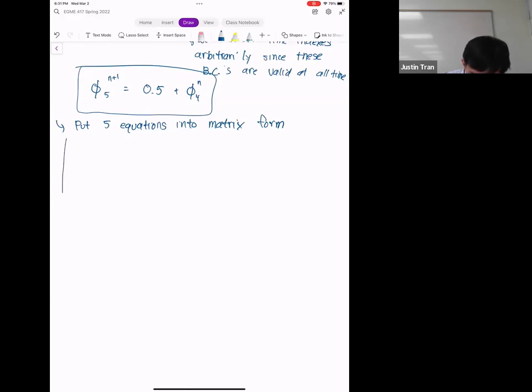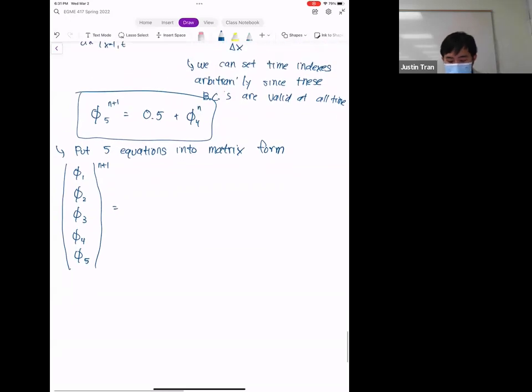All right, but these matrix equations are going to look a little bit different than the ones we've had before. On one side, we have our vector of phis. Those are all the phi n plus 1s, and that's why we need exactly one in every single equation.